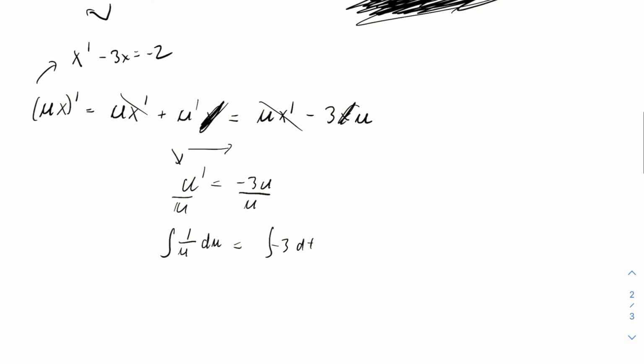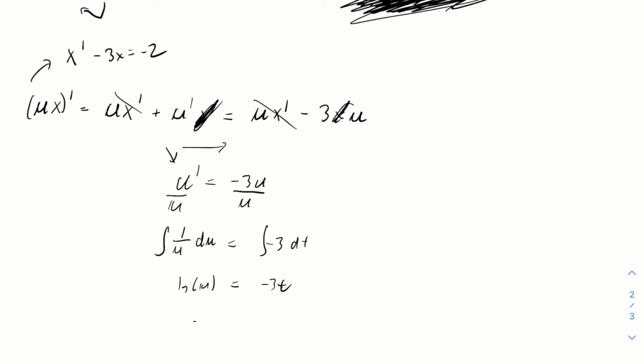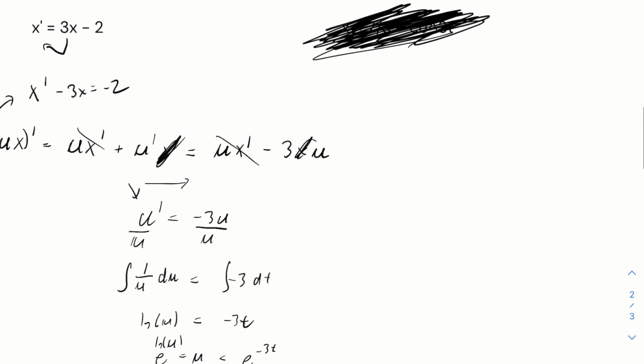Now we just integrate that. So we get negative 3t equals ln of mu. Now we just exponentiate it. e to the ln of mu is just going to be equal to mu, and that's going to be e to the negative 3t. Okay, that's good, now we've got that integrating factor, mu.